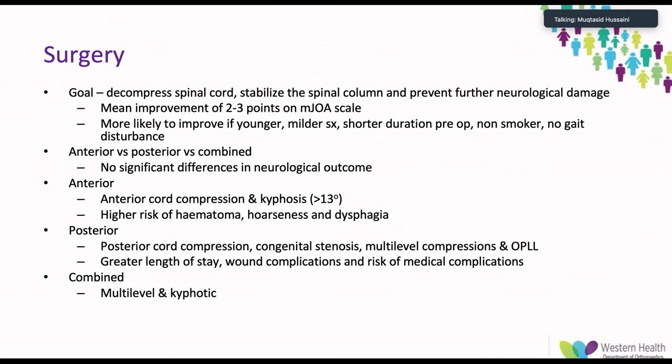The patients who are more likely to improve are those that are younger, those that have milder symptoms, a shorter duration of symptoms preoperatively, non-smokers, and patients without any gait disturbance.